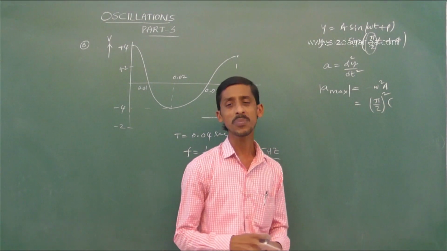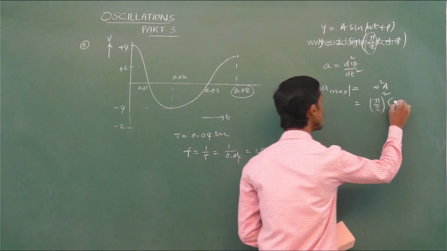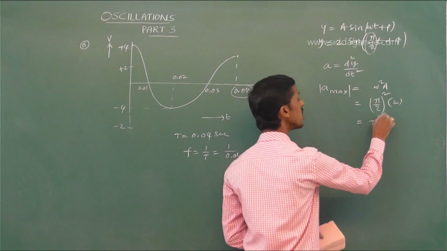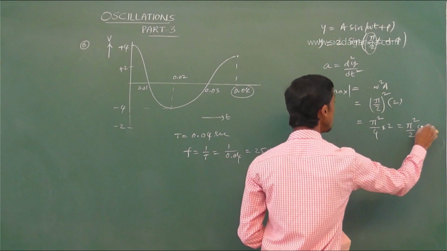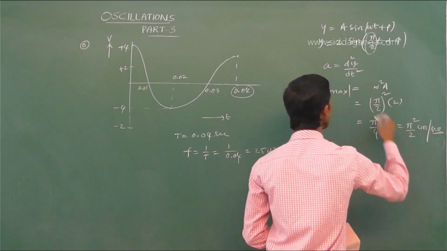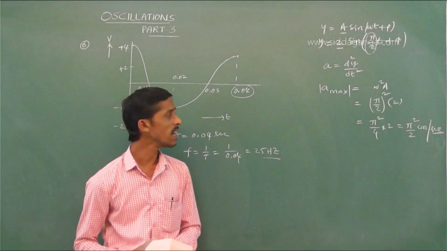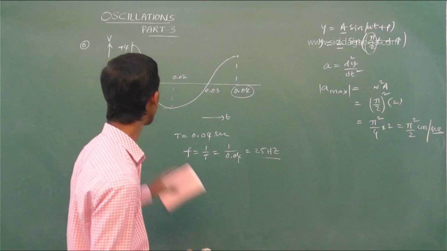You can see in the options it is given in centimeter per second squared, so we shall write in centimeter. So pi square by 4 into 2 is equal to pi square by 2 centimeter per second squared, because the amplitude is in centimeter.